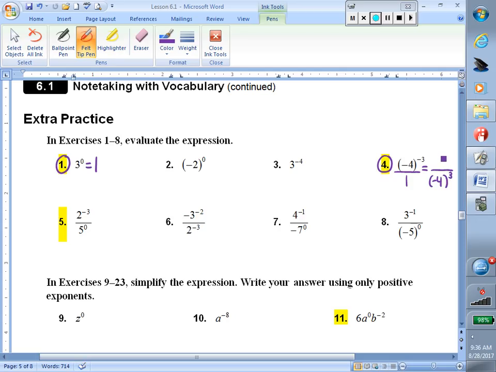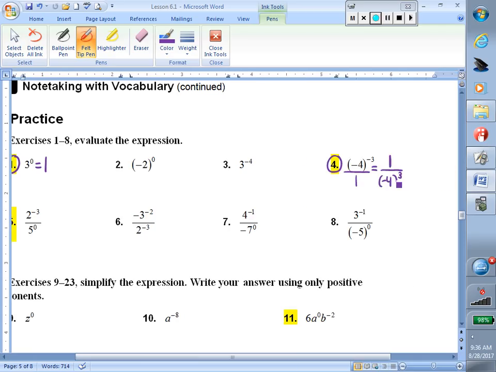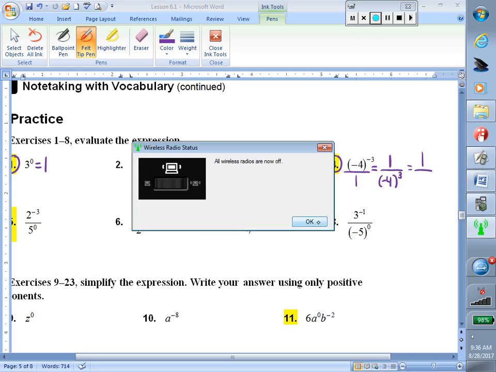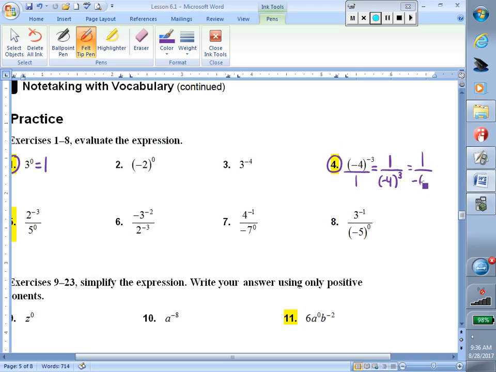Then our numerator is not empty, we're going to put a 1 there. Now you want to make sure also that you simplify. If you have a numerical base, make sure you finish simplifying. You can use your calculator to do that. -4 to the 3rd power, go ahead and use your calculator for that, and you'll find it's -64.